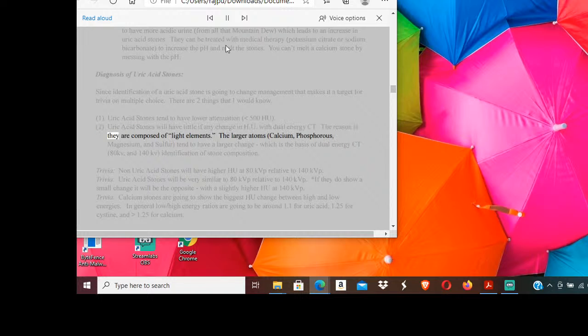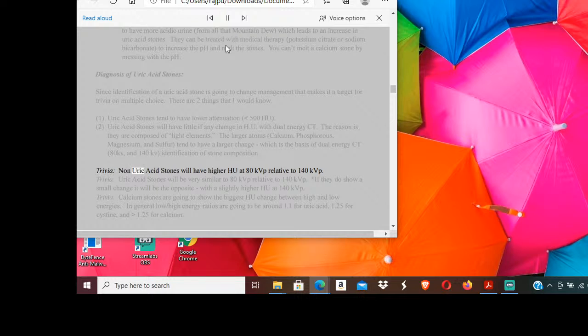The reason is they are composed of light elements. The larger atoms, calcium, phosphorus, magnesium, and sulfur, tend to have a larger change, which is the basis of dual energy CT, 80 kV and 140 kV, identification of stone composition.